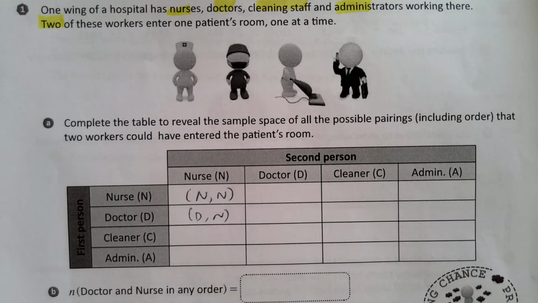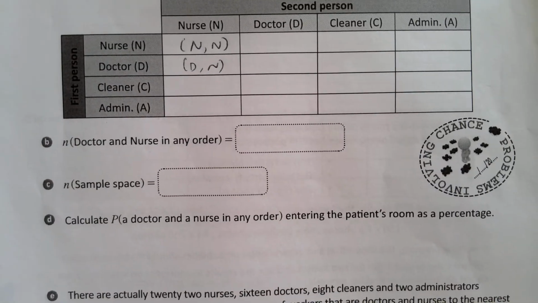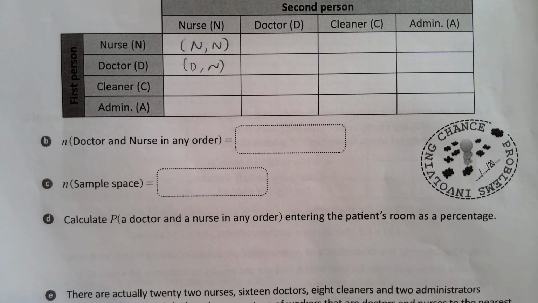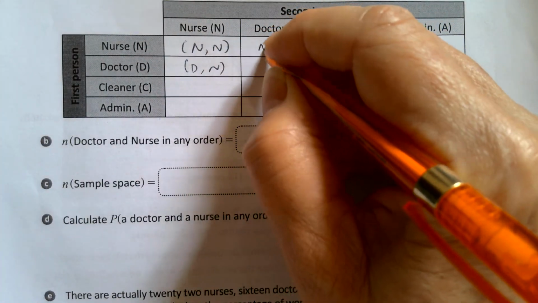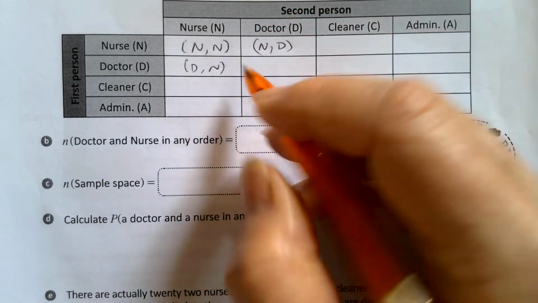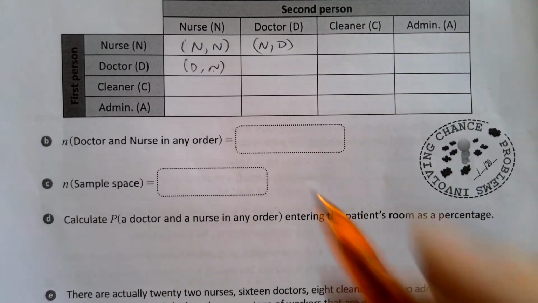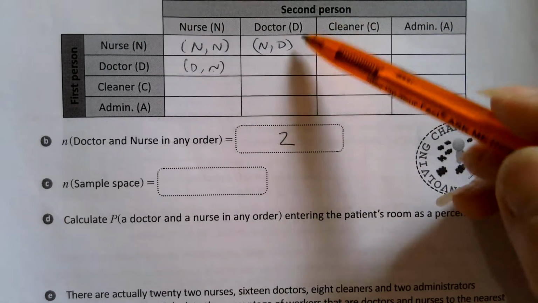Okay, let's go back now and look at the question. It says the number of doctor and nurse in any order. So we have a doctor and then a nurse, but then we'd also have a nurse and a doctor. So we would have 2 if they came in any order. What will be our sample space?